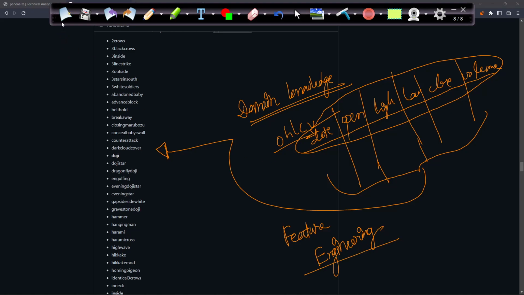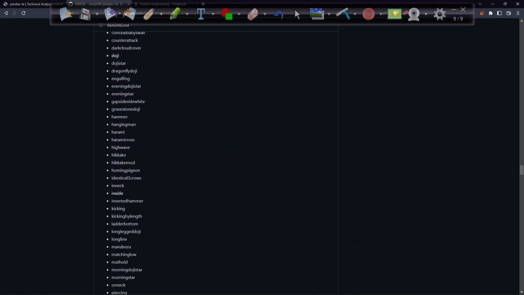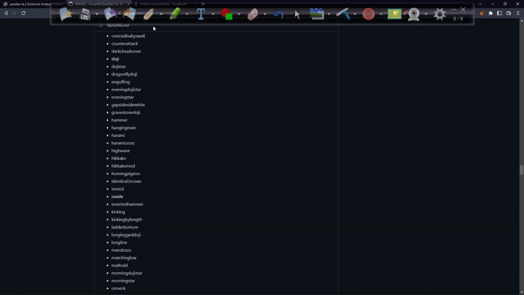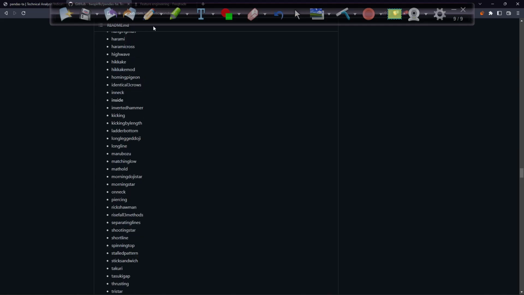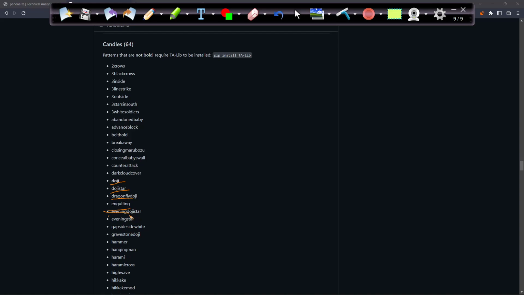Okay, so we are deducing more and more information from certain values of open, high, low, close, right? So we have all these patterns here. The good ones which I like are doji star, doji, and then engulfing, and all these doji, right?